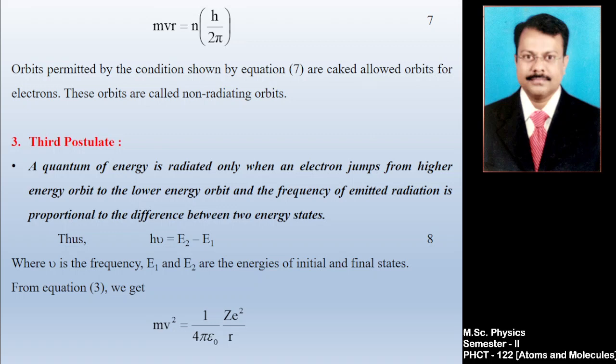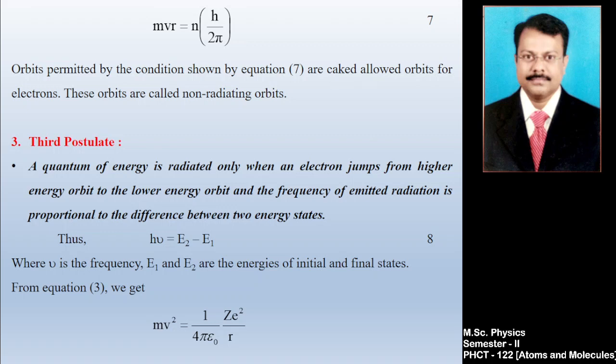Now the third postulate. The statement of this postulate is: a quantum of energy is radiated only when an electron jumps from a higher energy orbit to a lower energy orbit.